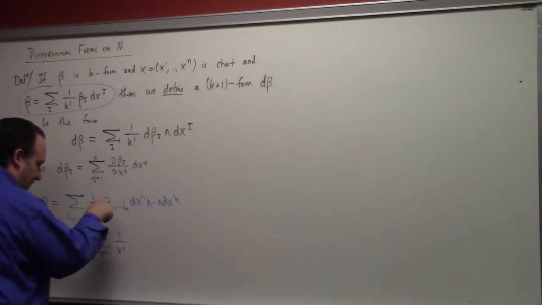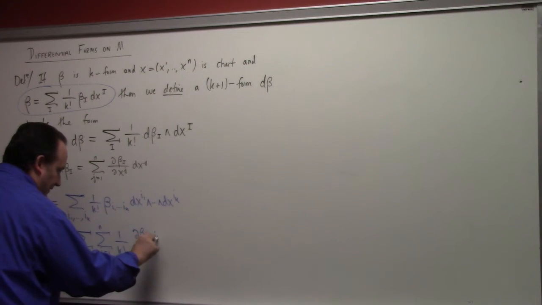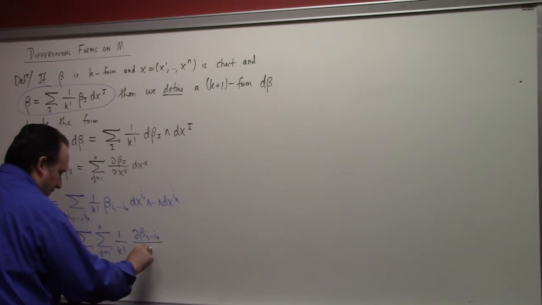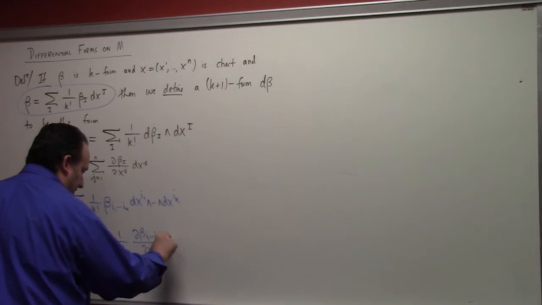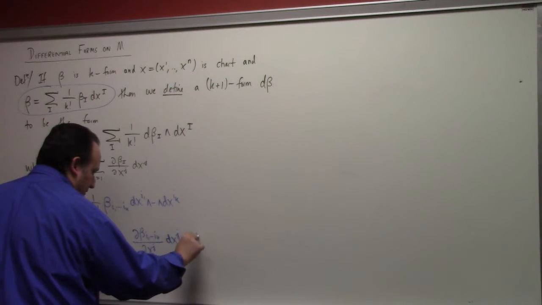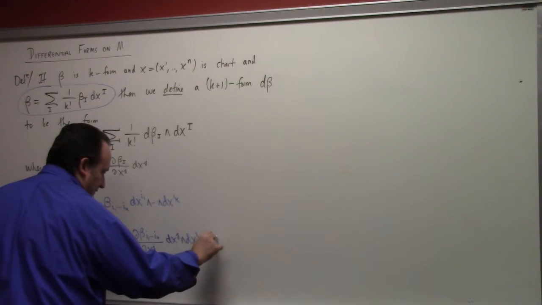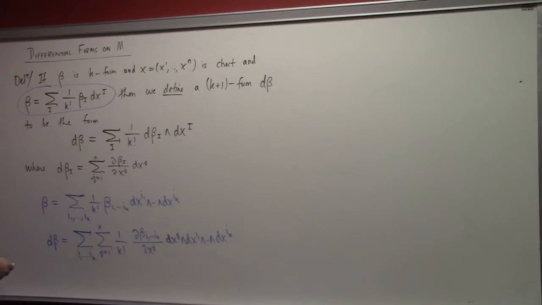And so the differential of that is partial beta I1 through ik partial xj, and then that gives me a dxj wedge dxi1 wedge ... wedge dxik. And so there you go. There's the formula for the exterior derivative in a non-multi-index notation.